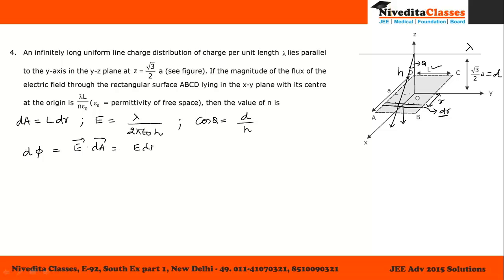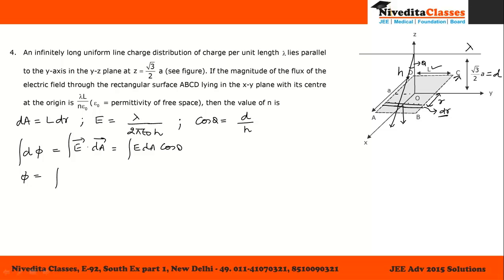So the small flux d phi is equal to E vector dot dA vector, which is E dA cos theta. We integrate it within the limits to find the total flux. The variable is dr, and r changes from minus a by 2 to plus a by 2.